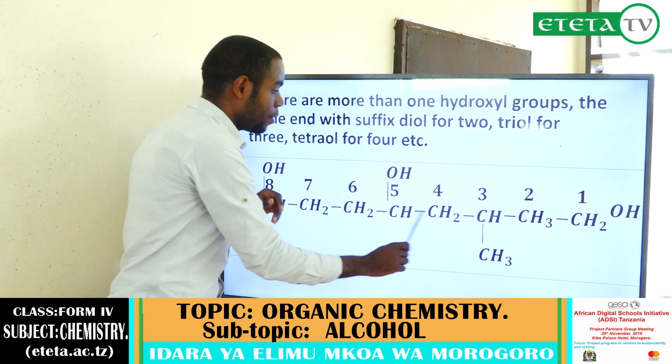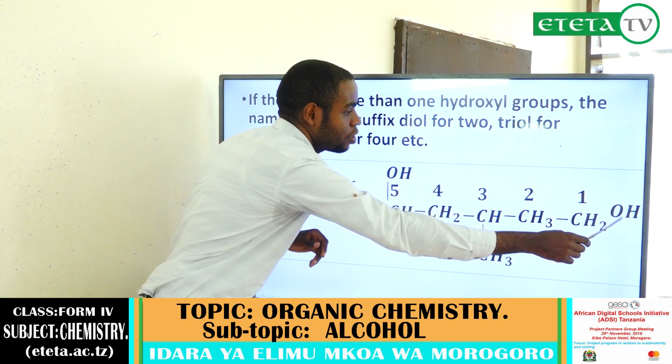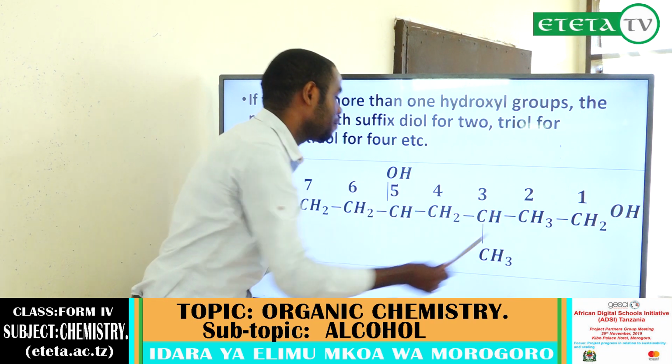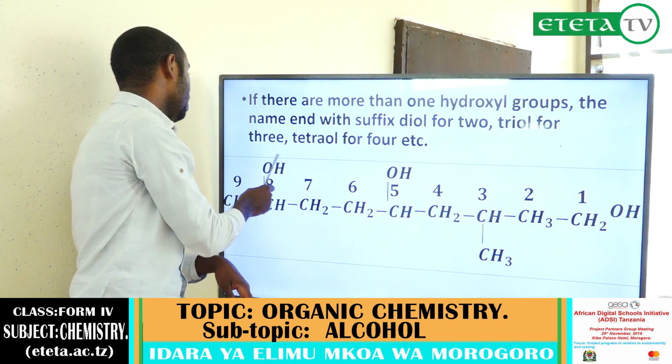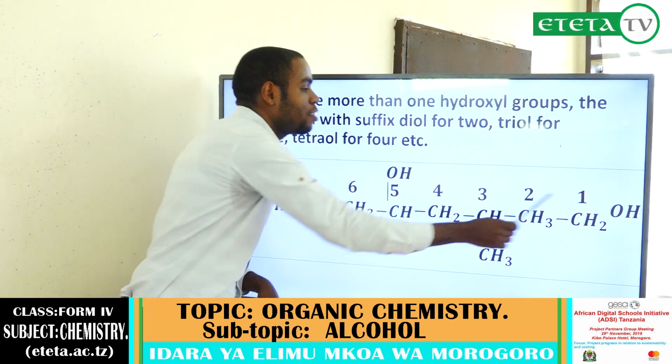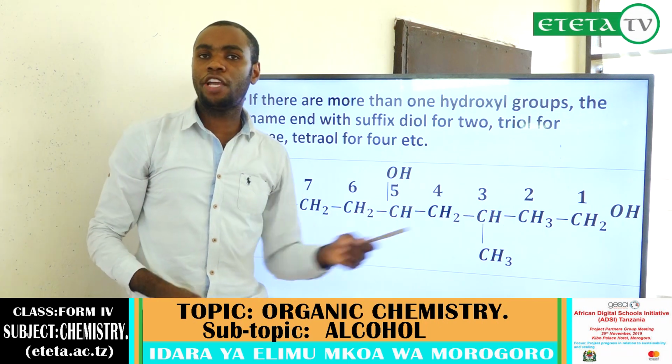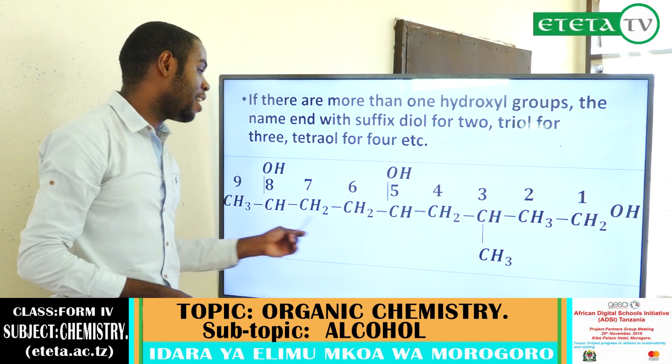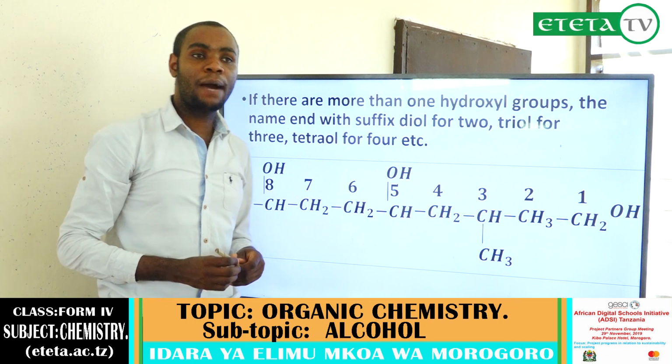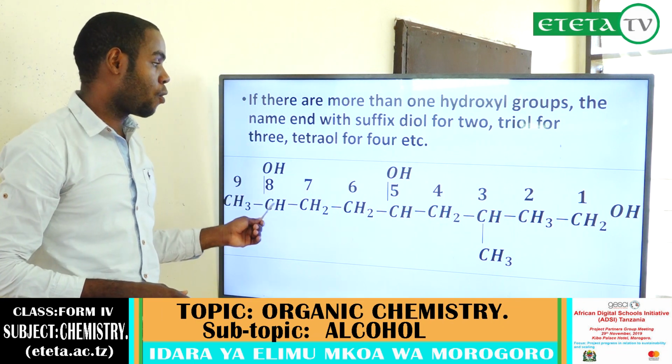The first OH group is this one, the second is this one, the third is this one. All hydroxyl groups are included in the parent chain. So the parent chain contains 9 carbon atoms, so it is nonano.